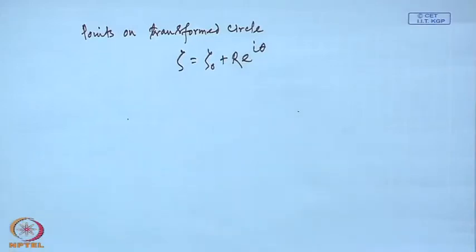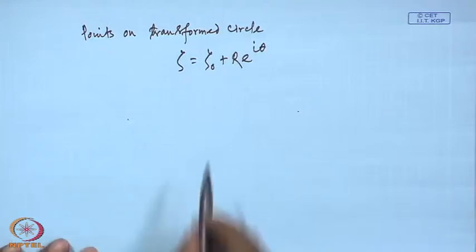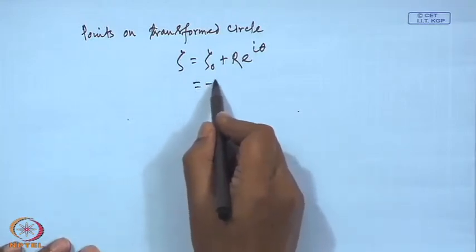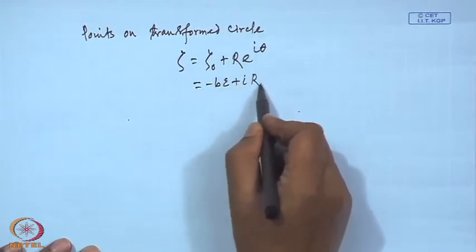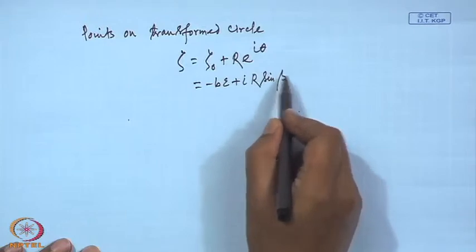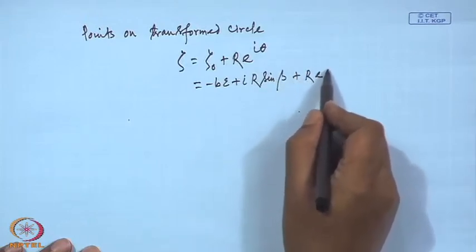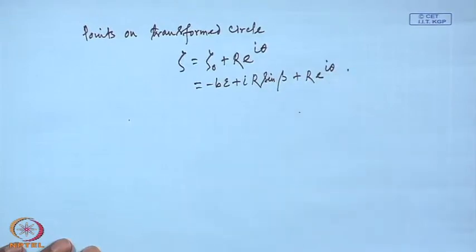Okay. What is zeta naught? Zeta naught is minus b epsilon plus I r sin beta, plus r e to the power I theta.